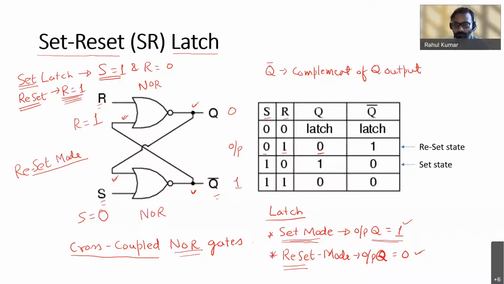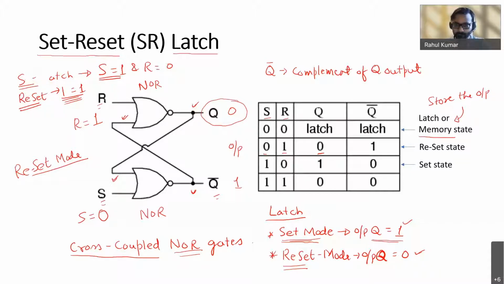Once you have set the output, you would like to store it. To store the output, we operate the latch in memory mode, which will retain that output.